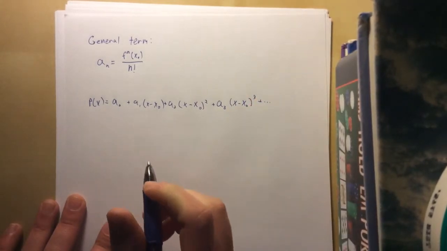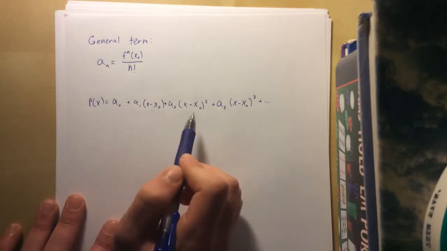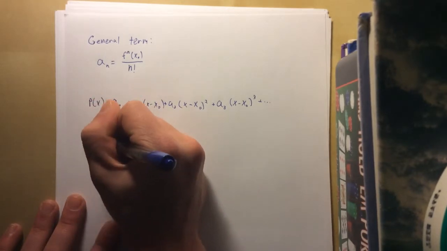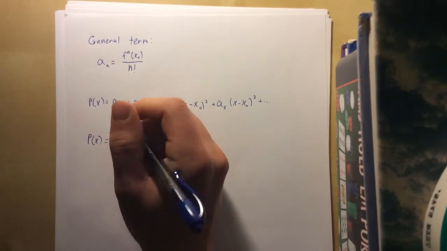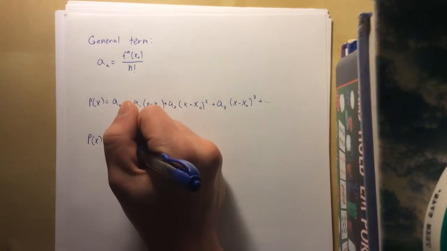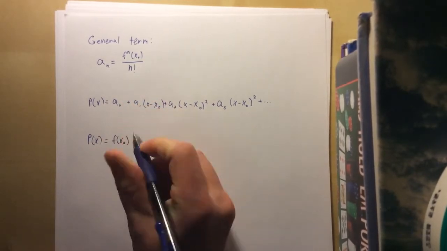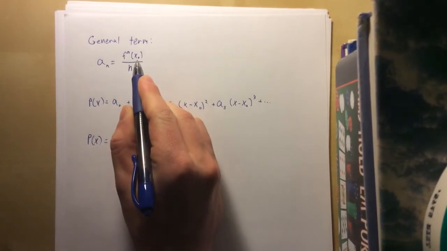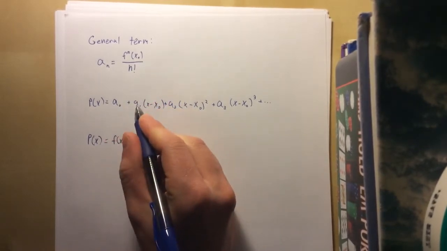That goes on. Now all we have to do is plug in our a sub n's into all of these, and we get that p of x is equal to, for a sub 0, just f of x naught. Remember, we're using x naught because that's where it's centered at.